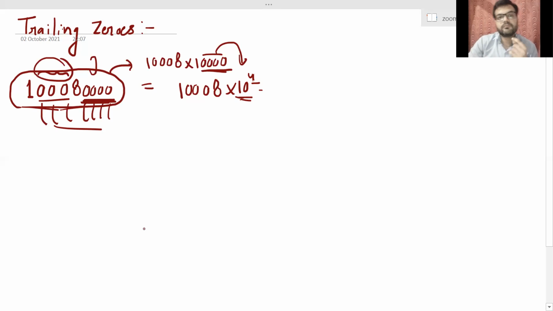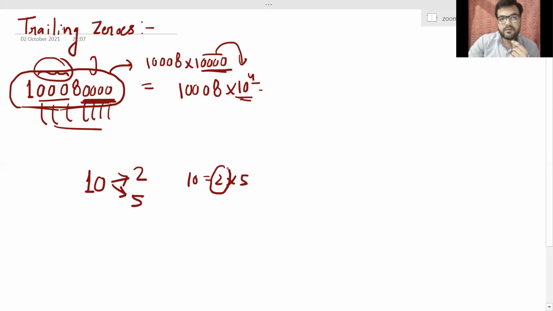Let me give you an example. In any expression, if you have to find the number of trailing zeros or the maximum power of 10, basically 10 is composed of two prime numbers. One is 2 and another is 5. 10 equals 2 into 5.